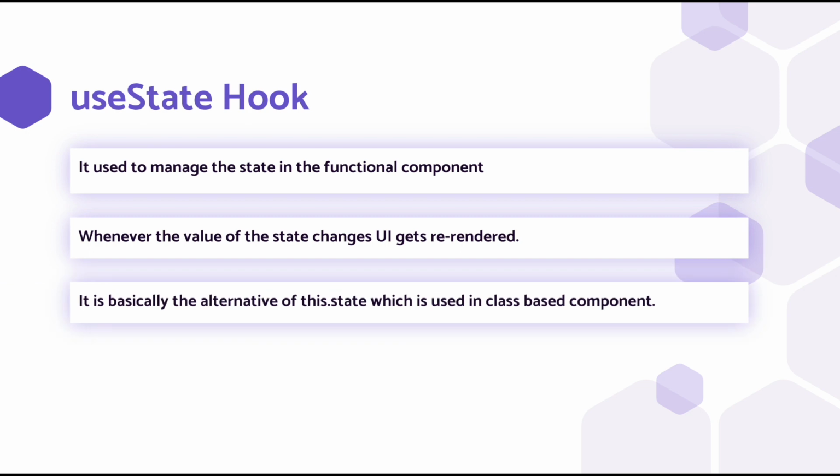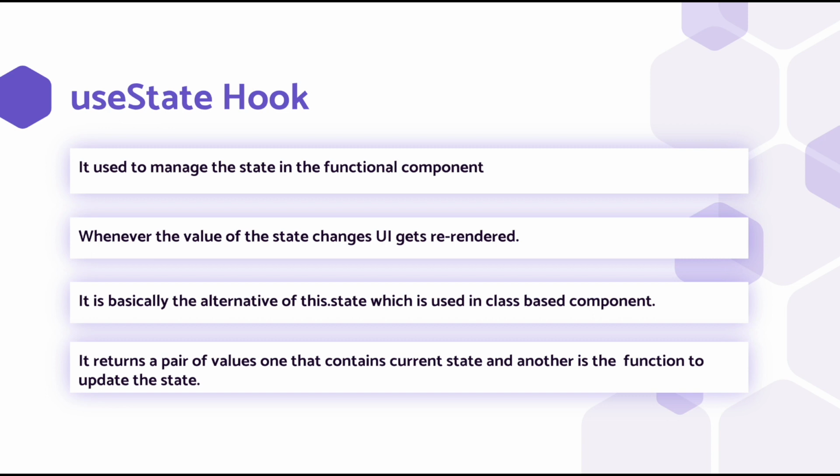It is basically the alternative of this.state which is used in class-based components. useState returns a pair of values, one that contains the current state and another that is the function to update the state. Now let us see the syntax to use the useState hook.